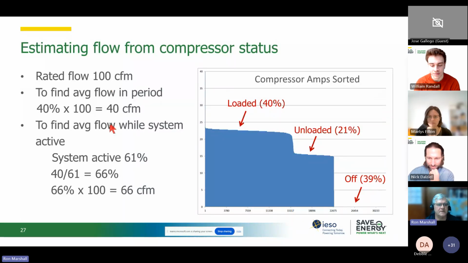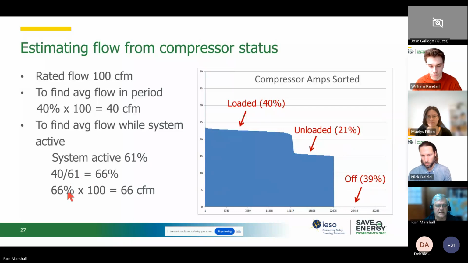So, a 100 CFM compressor. Find the average flow in this period of time: all of this here, 40 CFM. But the system is shut down part of the time, and we might want the average flow in here only. Because it's running 61% of the time, we take that 40 divided by 61%.